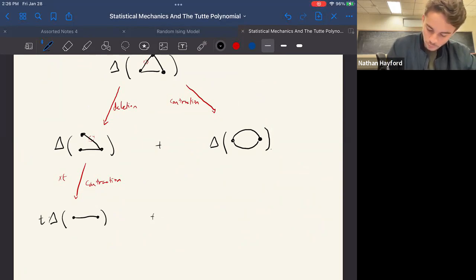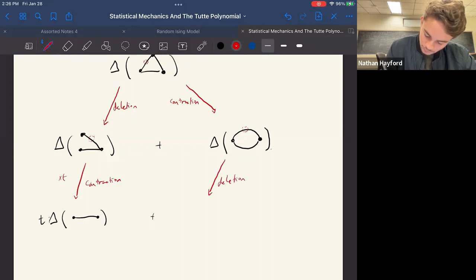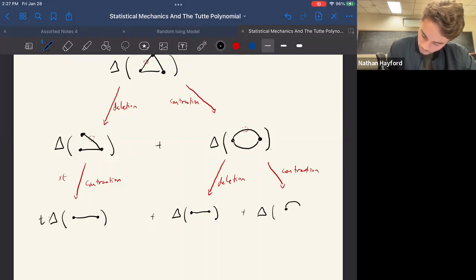And then this one: if I delete this edge, the graph is still perfectly well defined. It's not a bridge or loop, so I can delete it. And by the deletion contraction relation again, deletion and then contraction, what do I get? This is the same as the Tutte polynomial of, if I delete, I just get this graph, and if I contract, I get a loop.